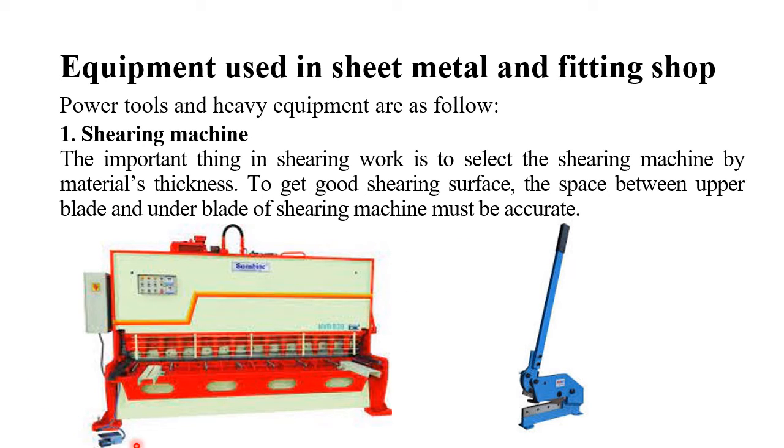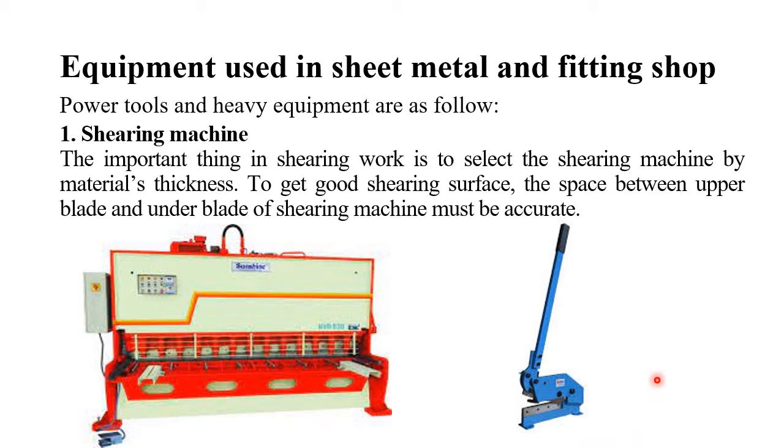This is a power shearing machine, used to cut. The sheet is put on the table and adjusted according to the marking we have made, and then we command the machine to cut.